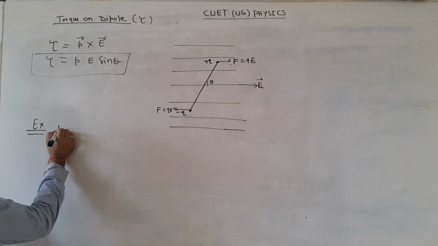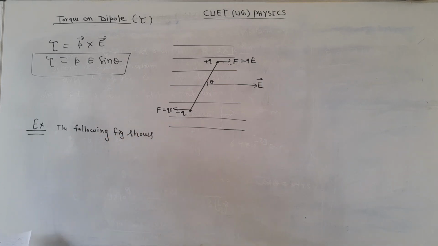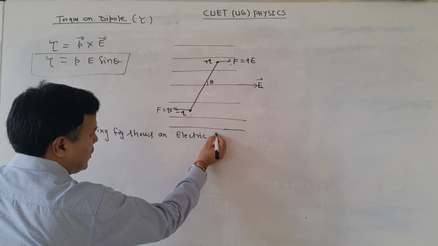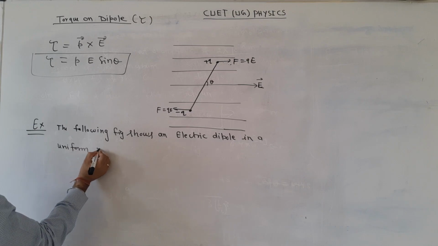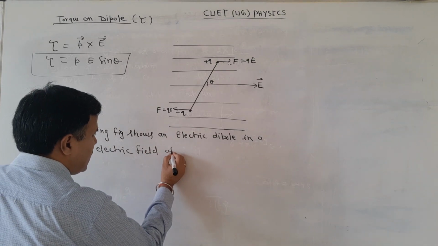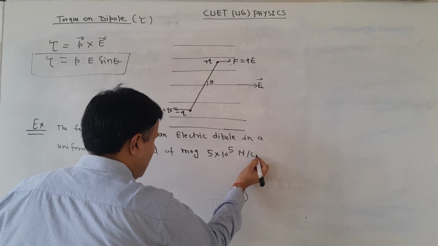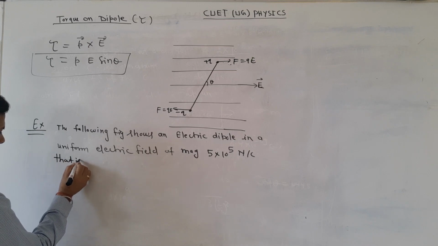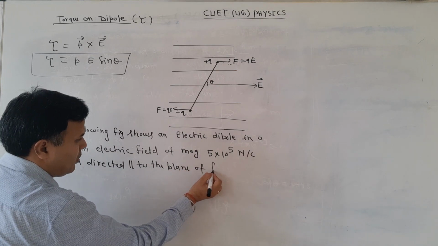The following figure shows an electric dipole in a uniform electric field of magnitude 5 into 10 to the power 5 Newton per Coulomb, directed parallel to the plane of the figure.